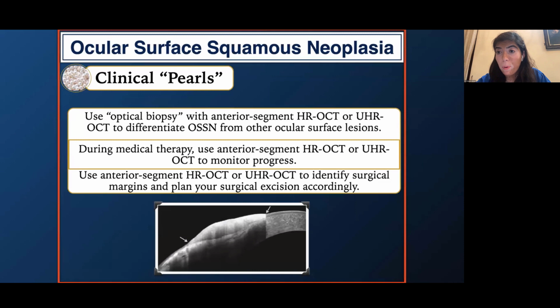So it's very important, if you're getting into this field or looking for a new machine, to really focus on high resolution or ultra high resolution OCT for anterior segment, should there not be a financial constraint. And finally, use anterior segment OCT to identify surgical margins and plan your surgical excision accordingly.